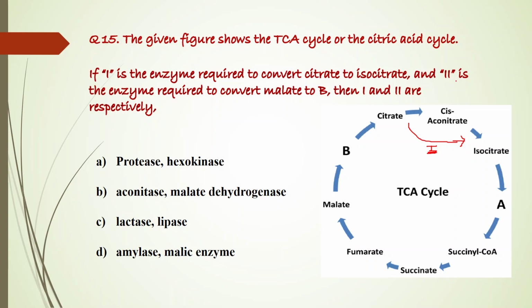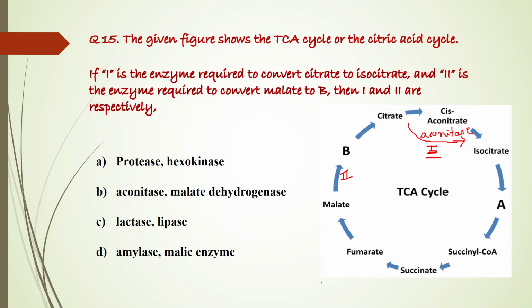And the second one, enzyme 2, is required to convert malate to B. Then identify 1 and 2. I have already discussed this while discussing the previous question. So what enzyme acts here? It's your aconitase. So basically citrate to isocitrate is governed by the enzyme aconitase. So our enzyme 1 is nothing but aconitase.